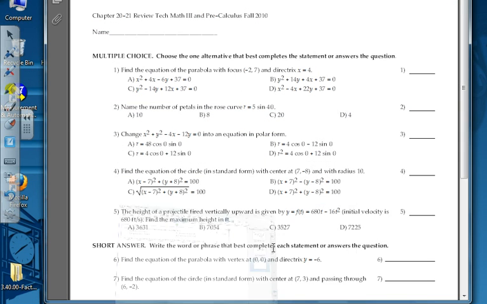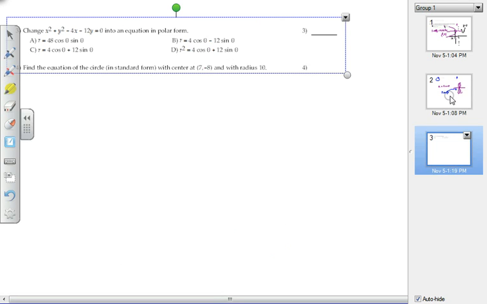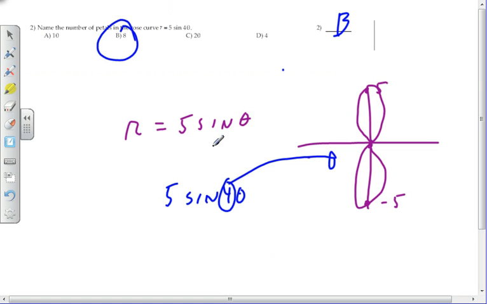Well, if we move back to number 2, as theta goes from 0, sine theta is going to do that, right? At 90 degrees, I'm going to be out at 5. At minus 90, I'm going to be at minus 5.